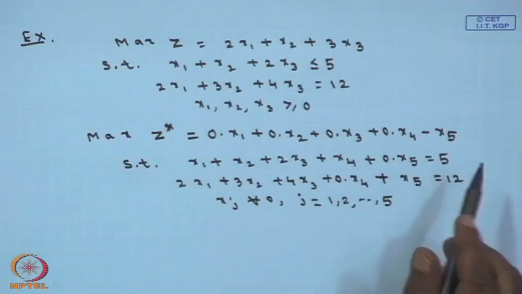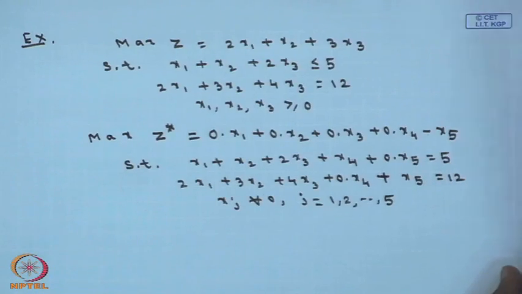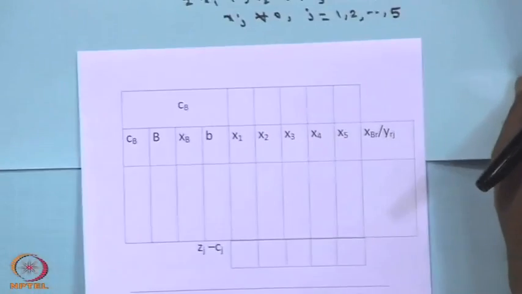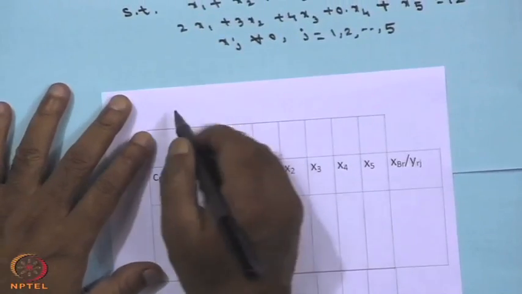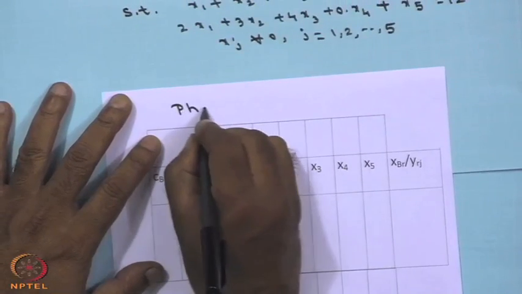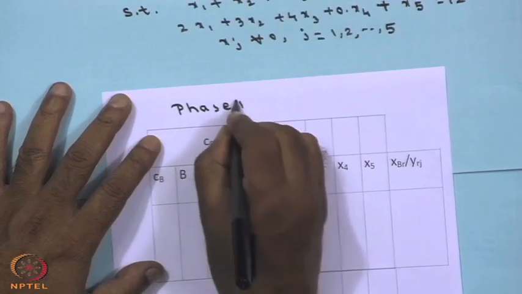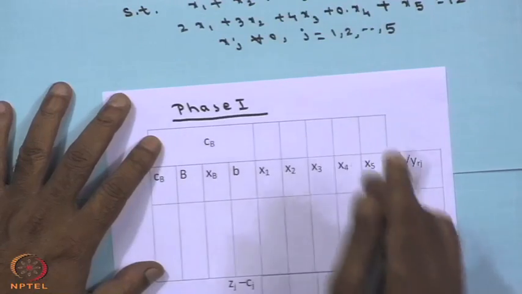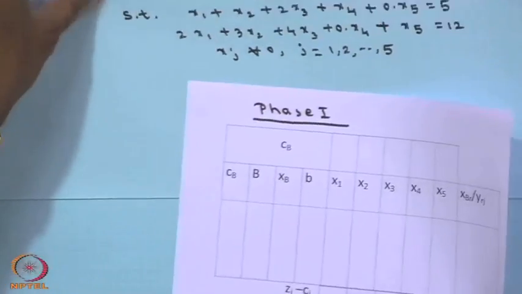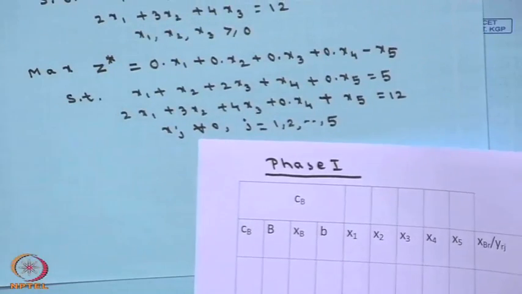Now, from here you can construct the initial table. So, just see this one. Now we are starting phase 1. Once you have constructed the standard form with the auxiliary objective function, this is your objective function.